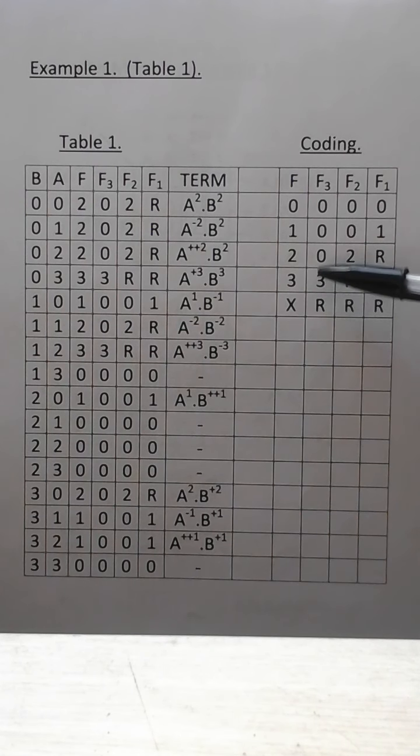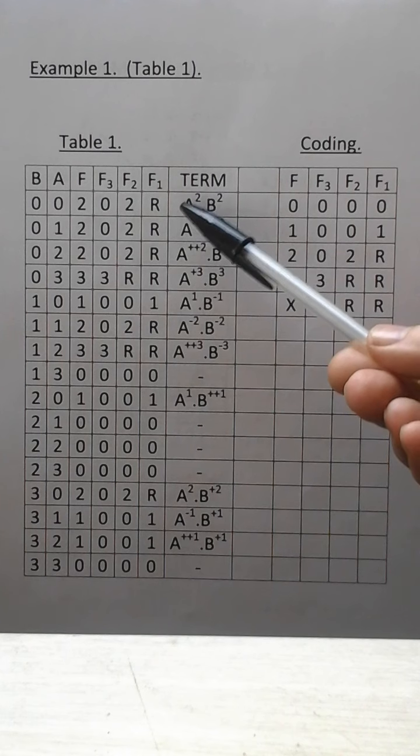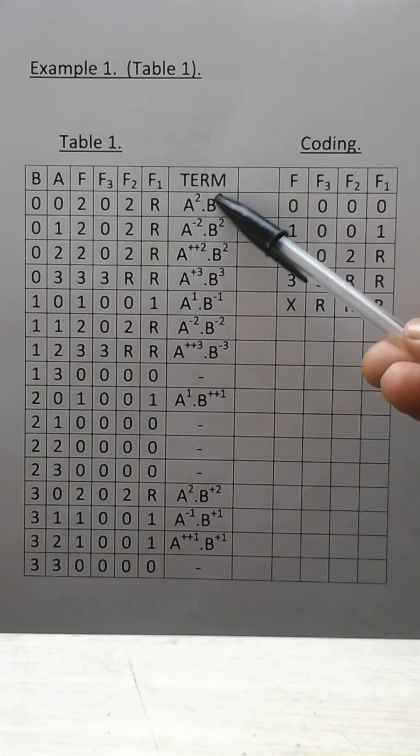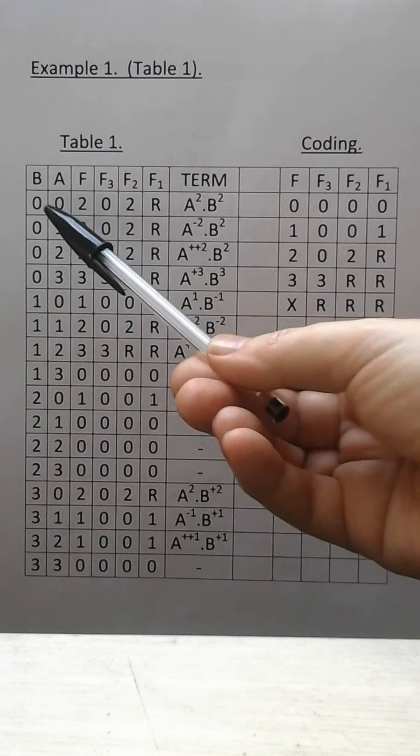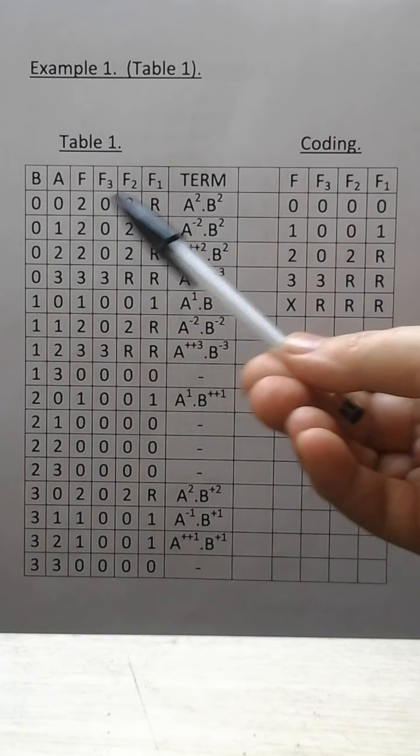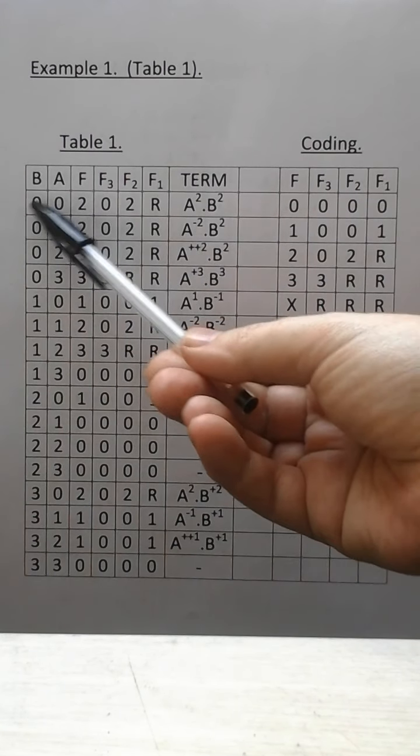Now I've written the term in for each row of the function. So for example A2 here, F is a 2 here, so the expression is A2 min B2. How you determine the term is, what do I have to do to A and B to get it to a 0? Well, in this case I don't have to do anything, so it's A2 and B2.